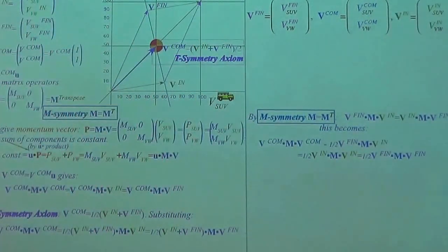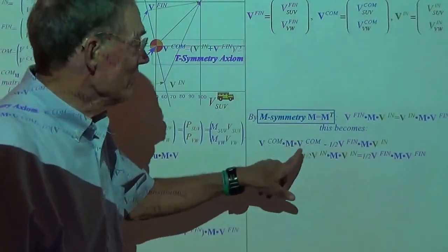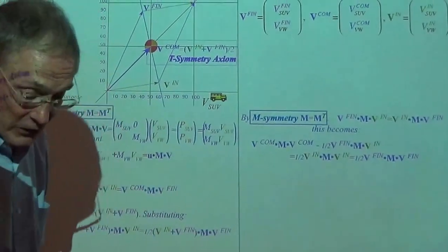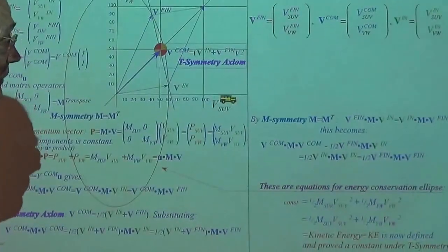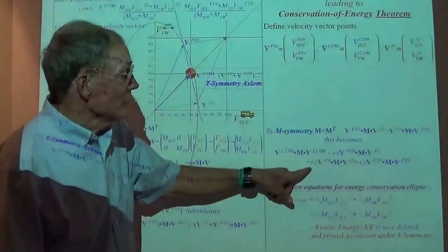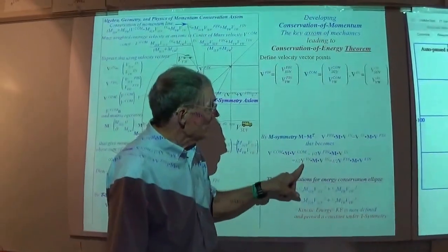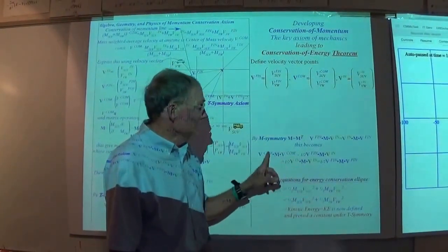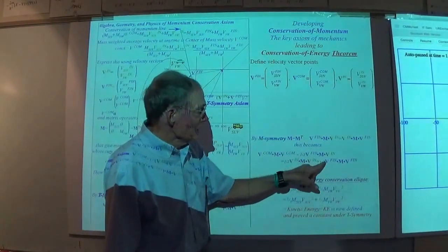So once you have that little item, then you can replace these things so that you get an equation that looks like what we're going to be seeing here very shortly. We're going to be seeing this expression right here. The quadratic form involving Vn has got to be equal to this quadratic form.